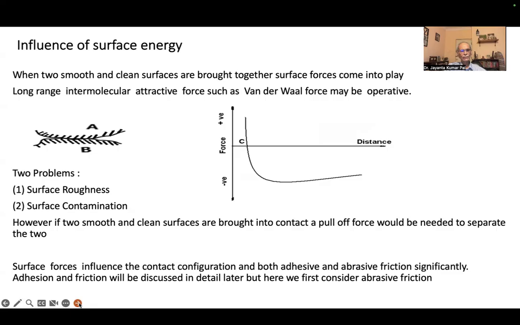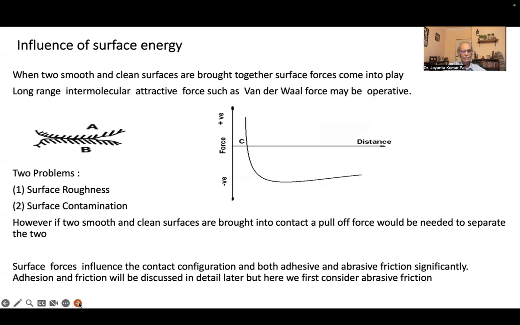This is not obvious in our everyday life. If we put a duster on the table and try to pick up the duster, we don't have to put an extra force other than the weight of the duster. But if the intermolecular forces were active, then we would have to put some extra force in.